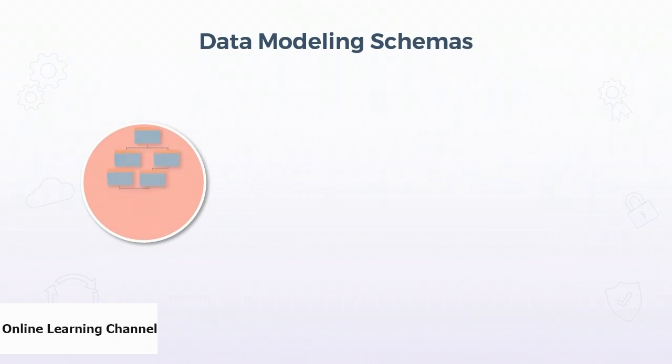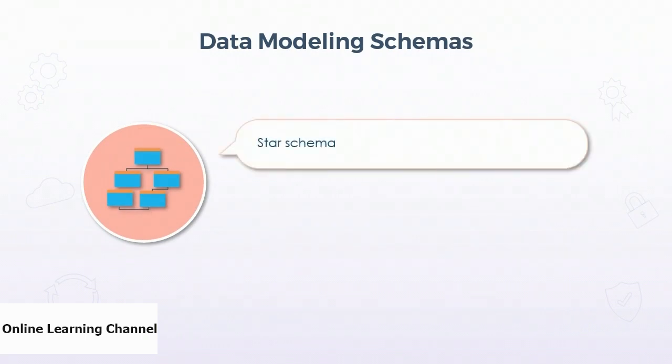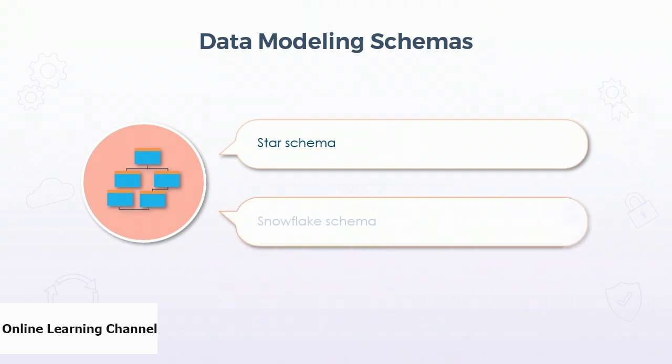So how are temporal tables modeled? Well, there are two main schema. The star schema is a schema where the facts, which are the temporal pieces of data, are stored in one or more tables that reference a set of flat dimension tables for contextual information. The simplicity of the dimension tables aids querying efficiency.